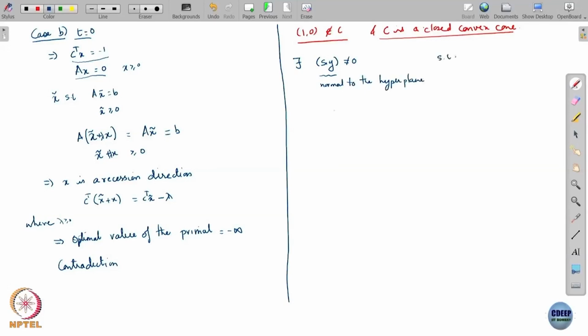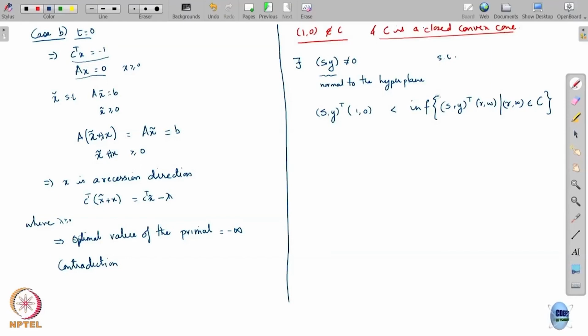Such that (s, y) transpose (1, 0) is less than the infimum of (s, y) transpose (r, w), where (r, w) belongs to the set C.